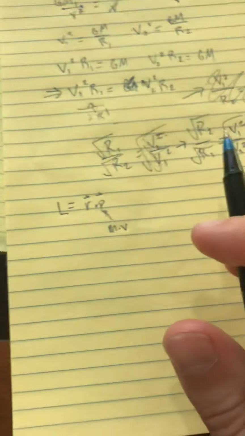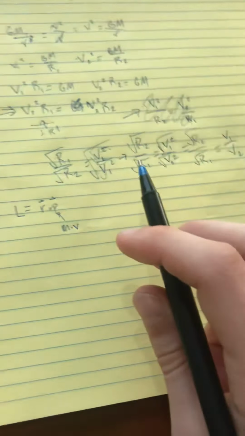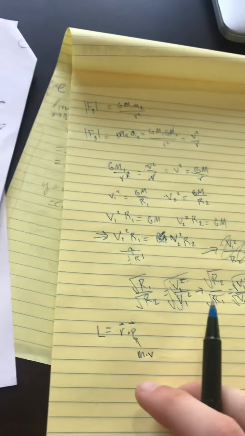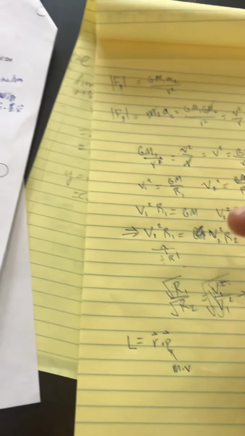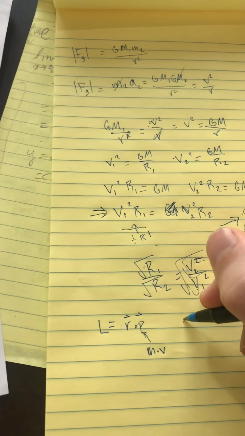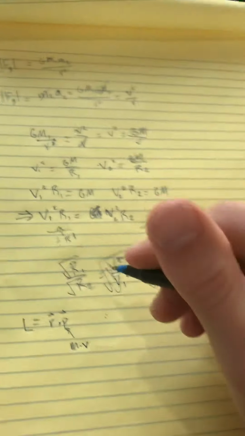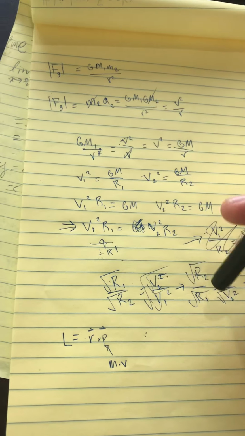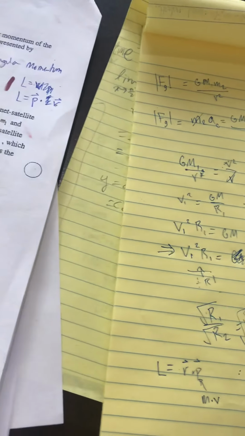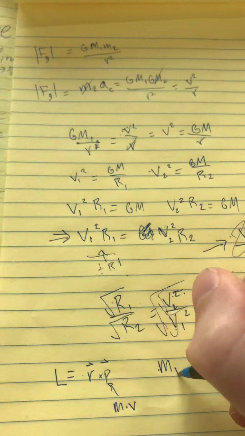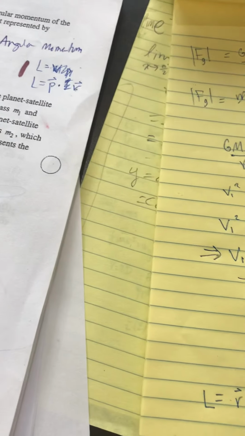So to do this, all we have to do is think, okay, angular momentum, and think about what do they give us. So they tell us that the inside orbit has a mass m1 and the outside orbit has mass m2.